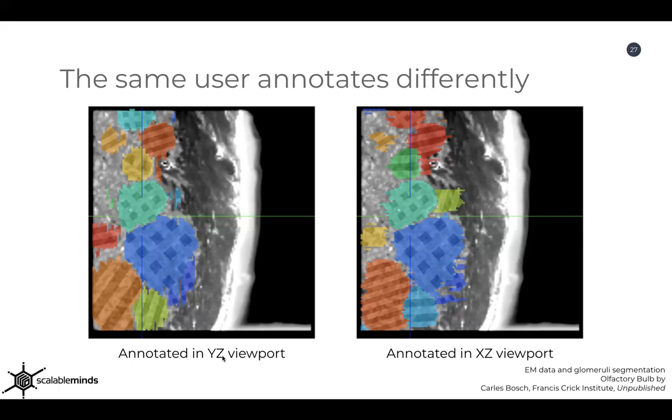If you remember webKnossos, in the screenshot there, webKnossos has these 3 different viewports. And for this project, we asked them to trace first in the YZ viewport and then in the XZ viewport. And as you can see, the results are a bit different. And again, this is something that we need to consider when moving forward.